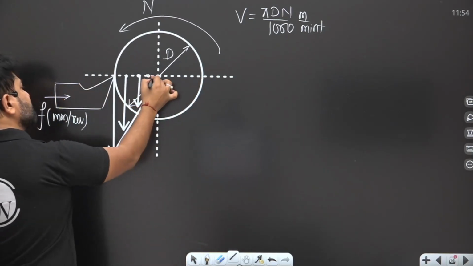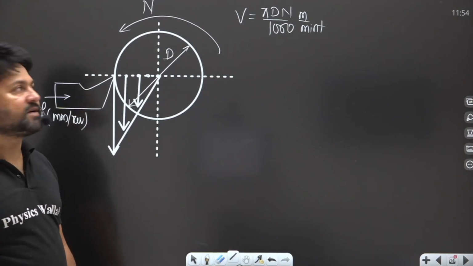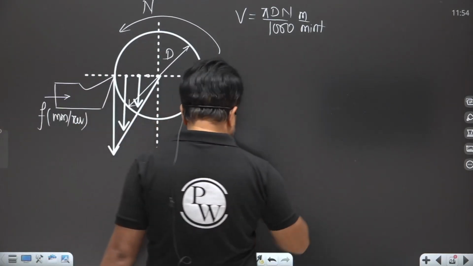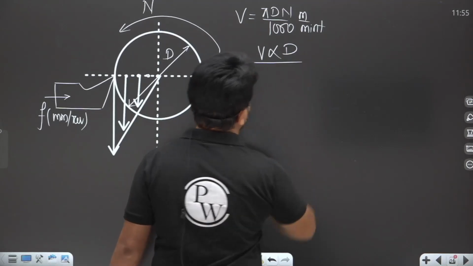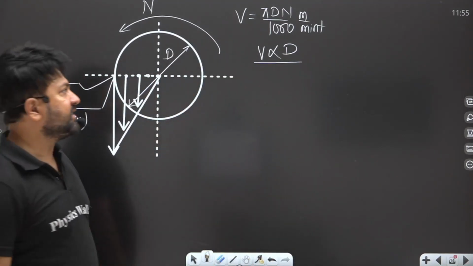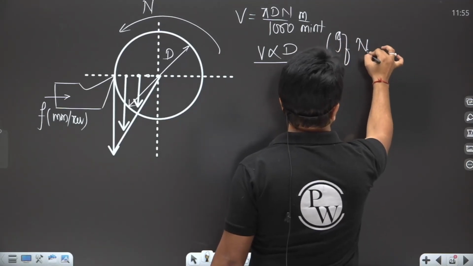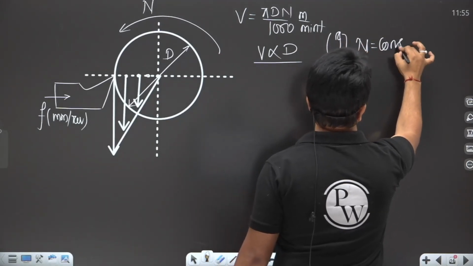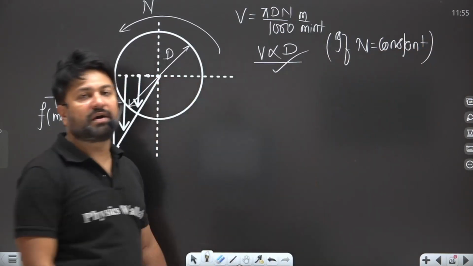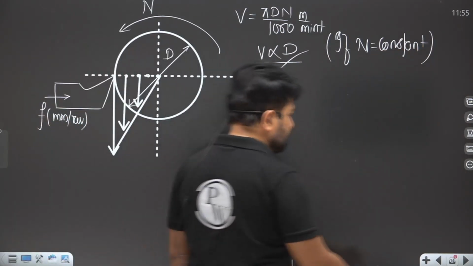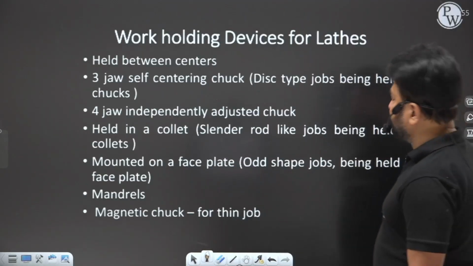If you reach the center, the cutting speed is going to be 0. So v is directly proportional to the diameter if the rpm n is constant, and n is not going to change. So here v changes linearly.